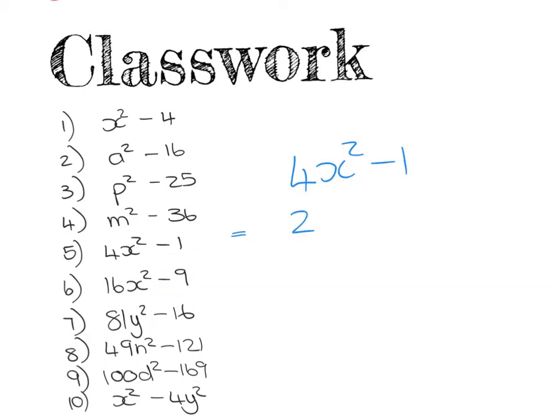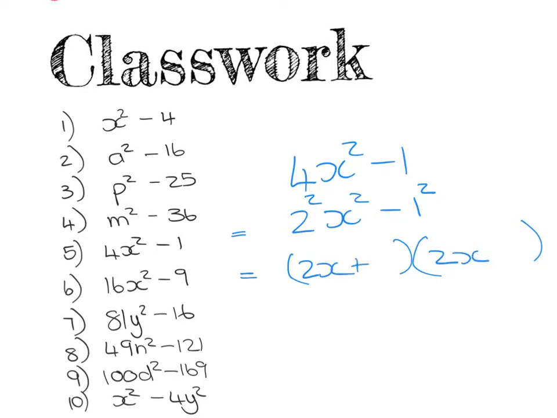This is equal to 2 to the power 2, x to the power 2, minus 1 to the power 2. Now you put your two brackets, and that is 2 times 2, x times x, plus and a minus 1 times 1.